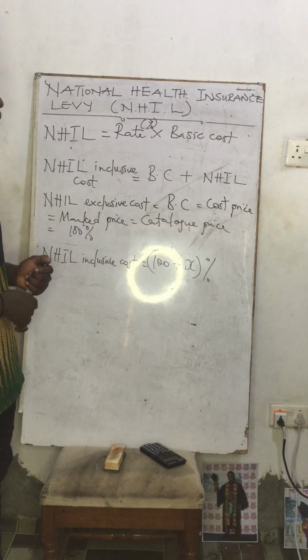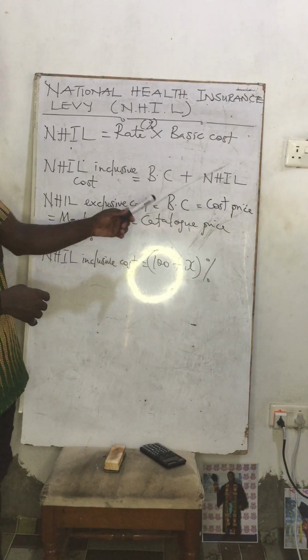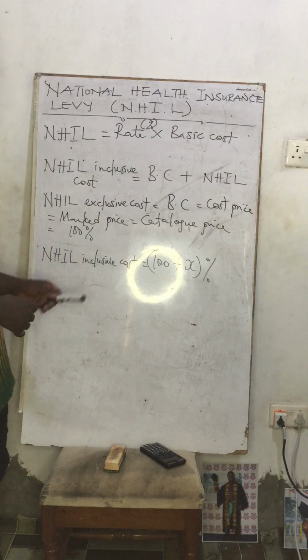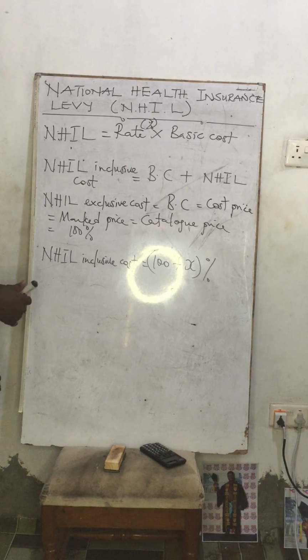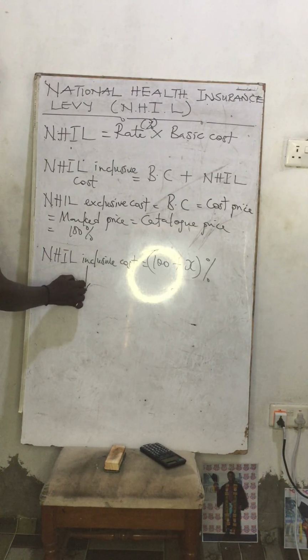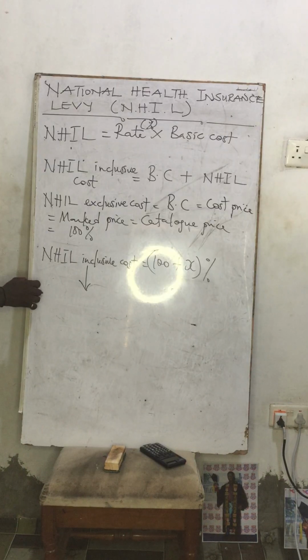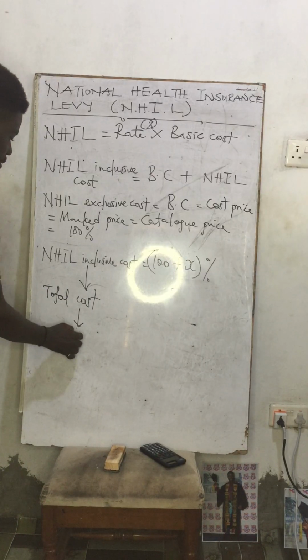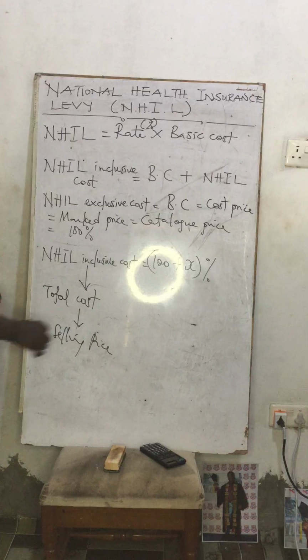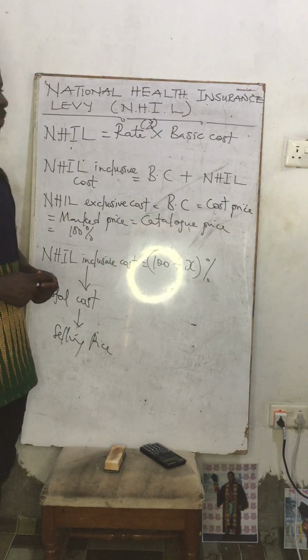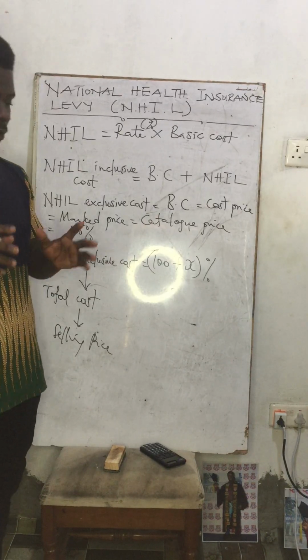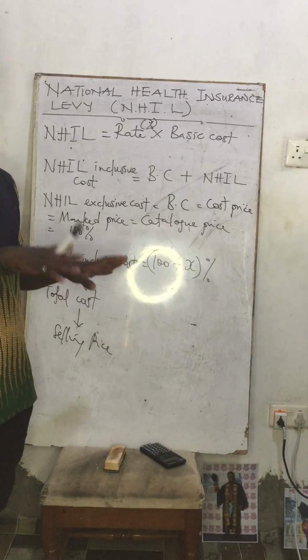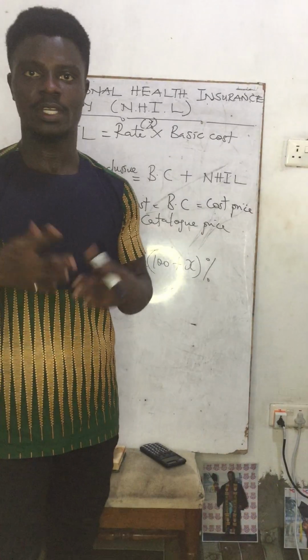NHIL exclusive cost is equal to the basic cost, which is 100%. And the NHIL inclusive cost is the same thing as the total cost, which is also known as the selling price of the item. Don't forget that the same formulas for VAT are the same formulas for NHIL.